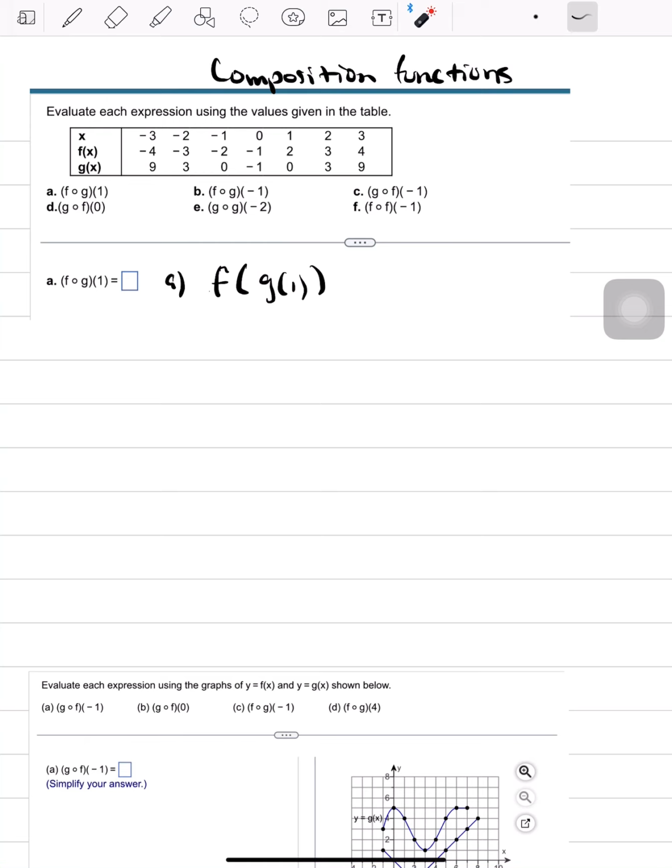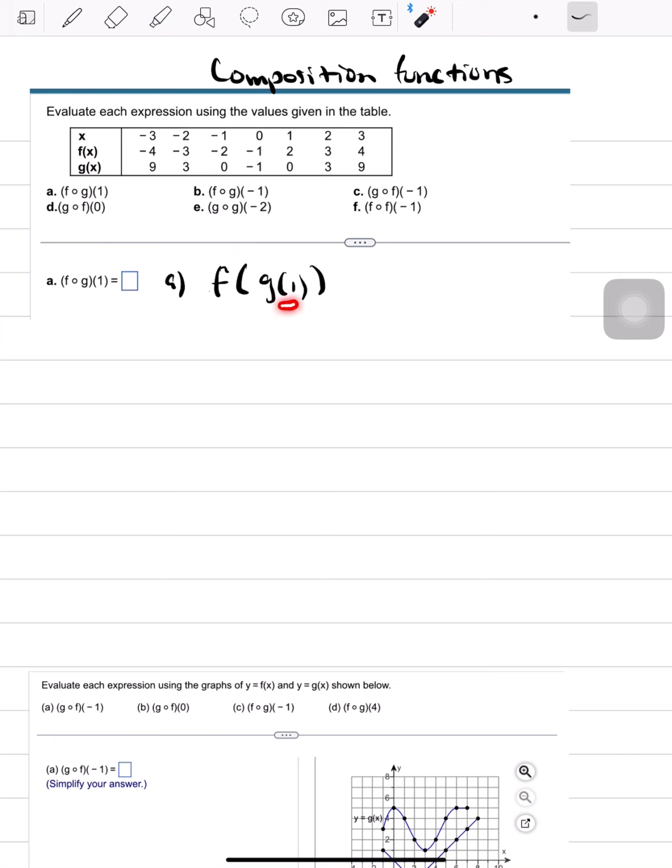So it becomes a new input for the outside. So when we go and try to solve for g of 1, remember this g of whatever's inside is always the x value, okay? So that's why g of 1, whatever we get for the output, is going to be the new input for f, right?